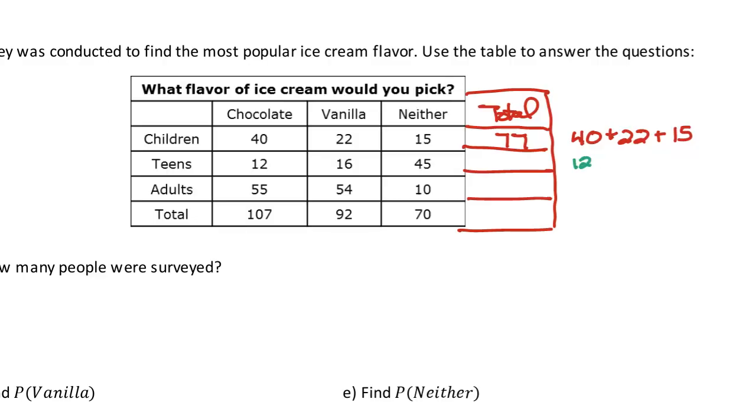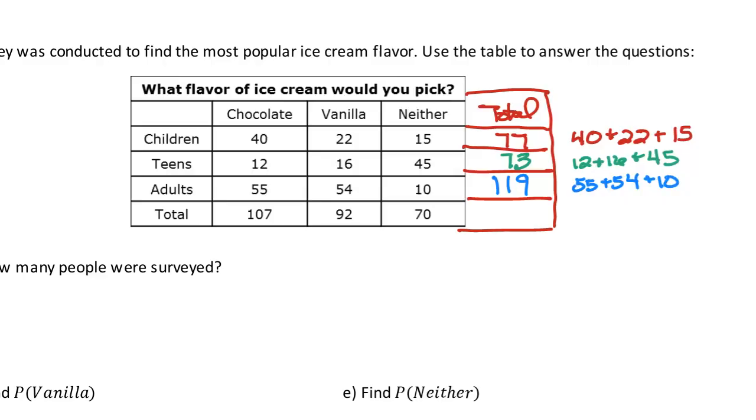Well, 12 plus 16 plus 45, 28 plus 45. That's 73? Yes? Okay. How many total adults did we have? 55 plus 54. That is 109 plus 10 is 119. That's adding 55 plus 54 plus 10.